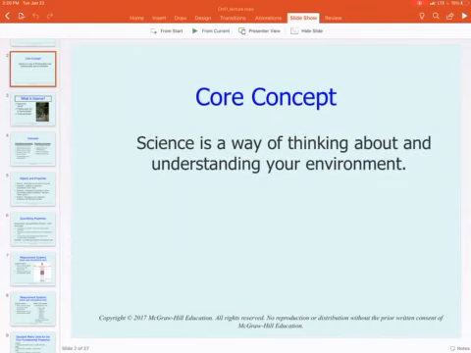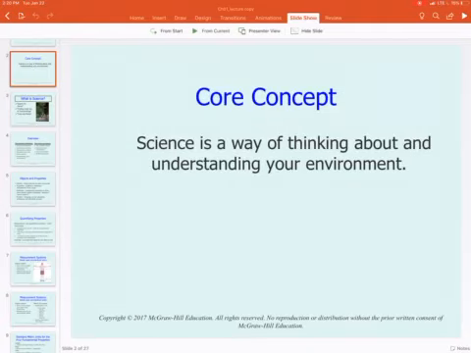Okay, so science is a way of thinking about and understanding your environment. And science is really cool. Everything that we experience is science. And I don't know that we think about it really like that. As far as physical science is concerned, it's not always the favored science because it tends to be about things that we don't really see as much.